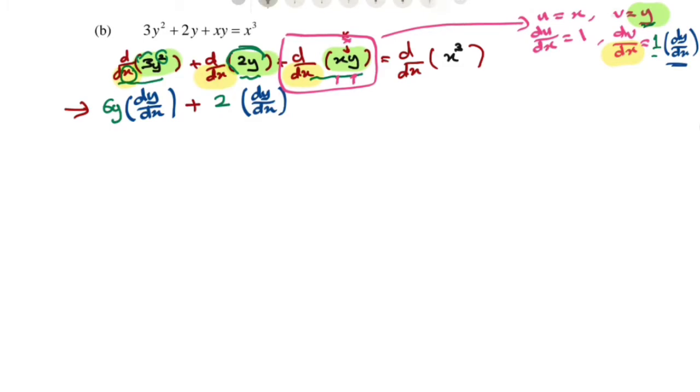Next, this is product rule, so remember your cross-fish formula. According to the formula, this is just y multiplied with u prime, which is du over dx, 1, plus your u, which is x, multiplied with the dv over dx, which is just dy over dx. Next, we want to differentiate x cubed in terms of x.